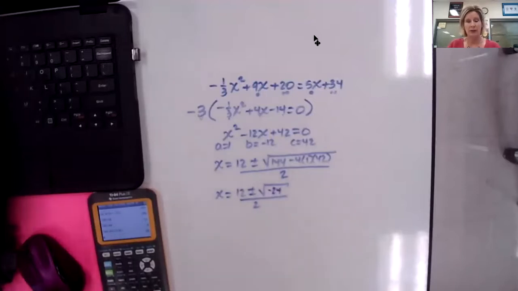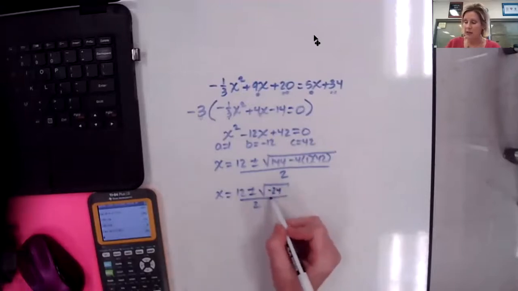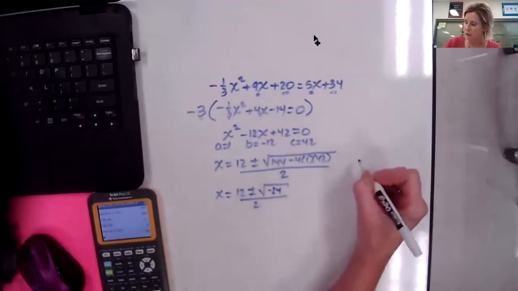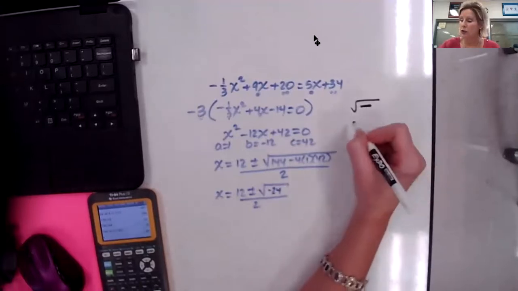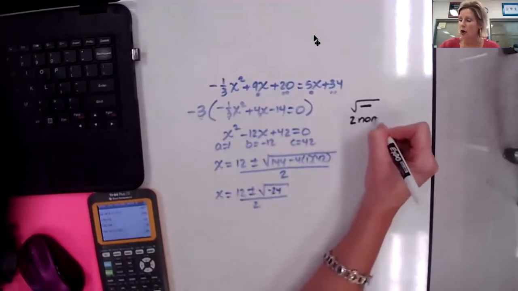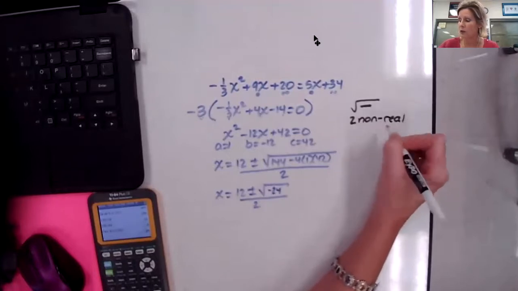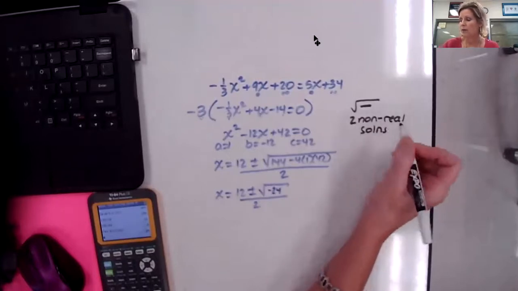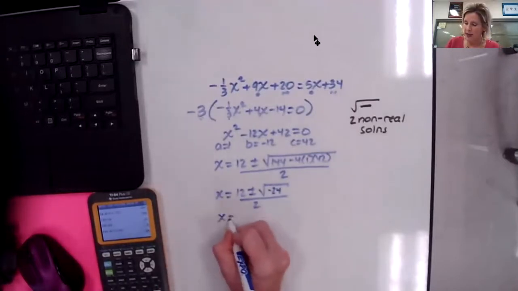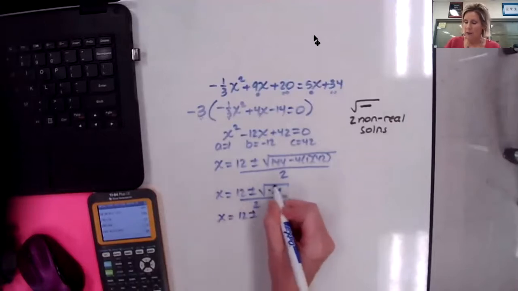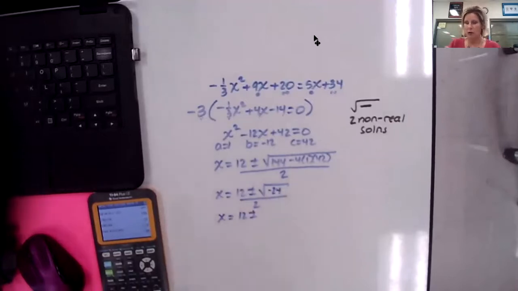Now, we talked about the discriminant. Now you see that we've got the square root of a negative. And anytime you have the square root of a negative number, you're going to get two non-real solutions. All right? So I'm expecting to get i answers. So what I'm going to do is say, okay, break that down. I'm going to do scratch work again.